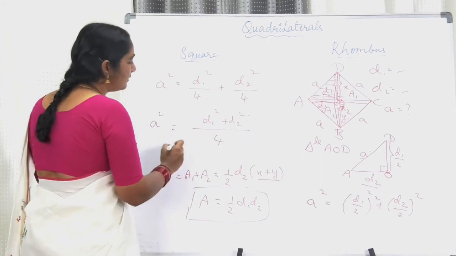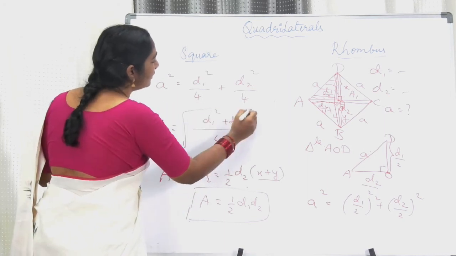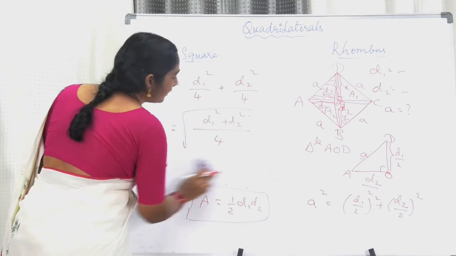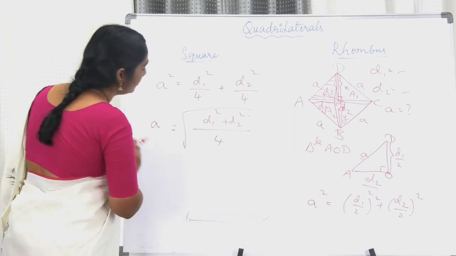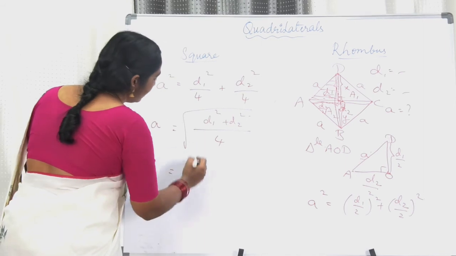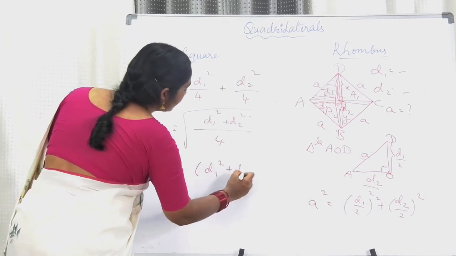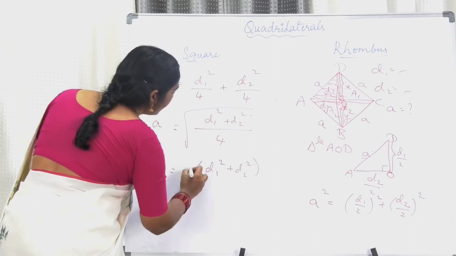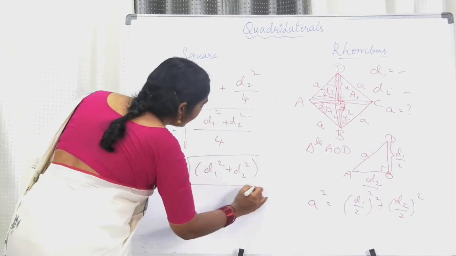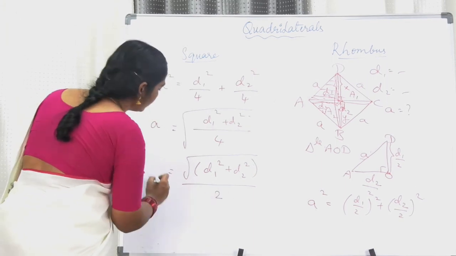So I can remove the square here and put a square root. The next step is A equals the square root of D1 square plus D2 square, divided by 4. If you bring the 4 out of the square root, it becomes 2.